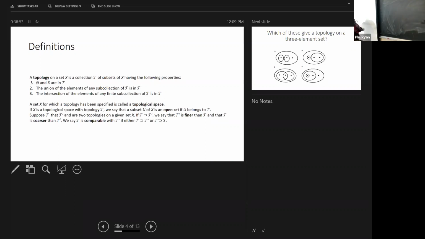Sorry, I'll correct this. If T prime contains T, then we say that T prime is finer and T is coarser. If it contains it, there are more open sets, and so we've cut up the set finer and finer. The larger is finer. I made a mistake there. Either way, we say they're comparable if one is contained within the other.